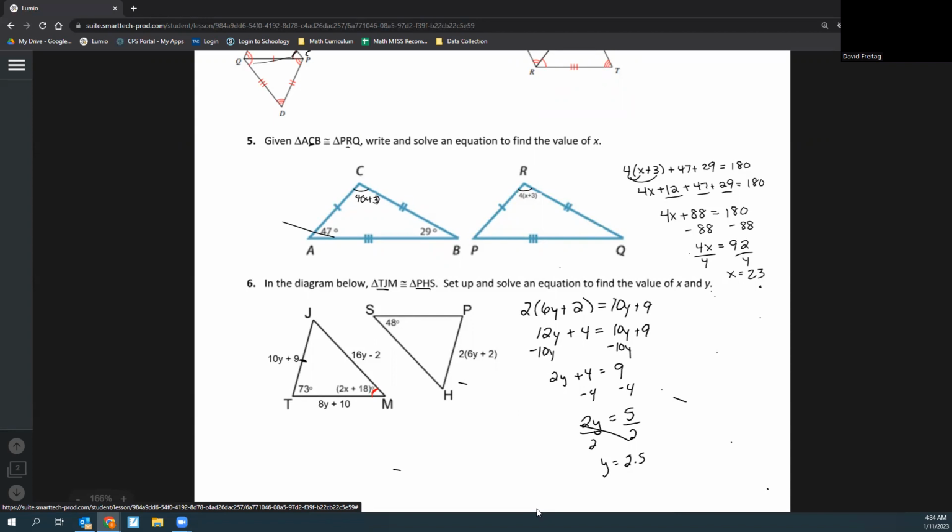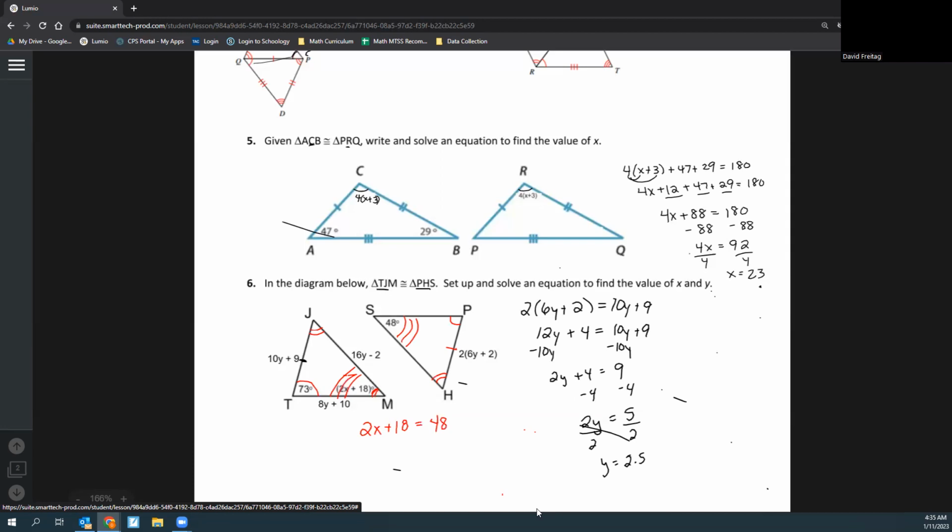And I know that PH is the same as TJ, which means that P is the same as T. So I know it's not 73. I know that H must be the same as J then, which means M must be the same as S, which means that 2x plus 18 should be 48.